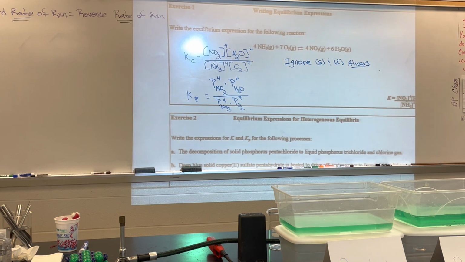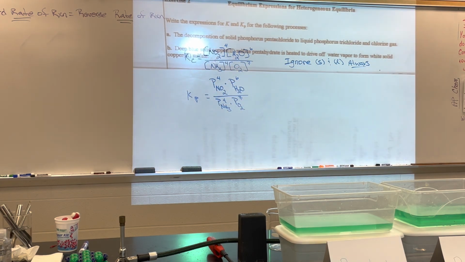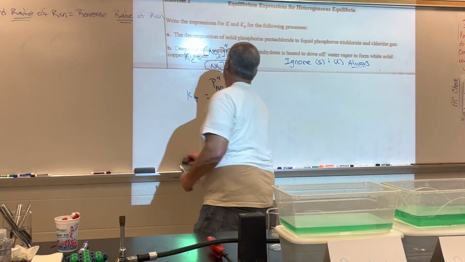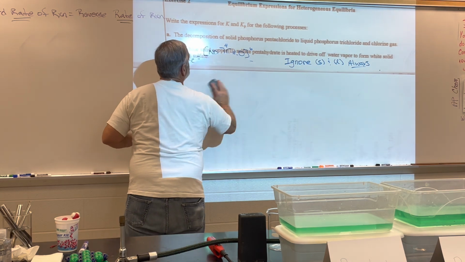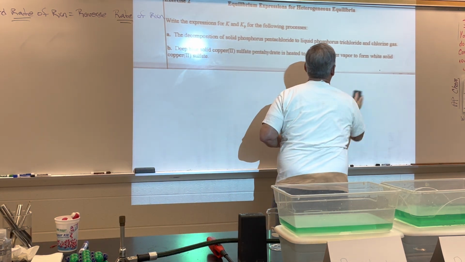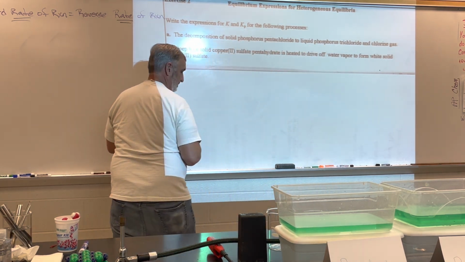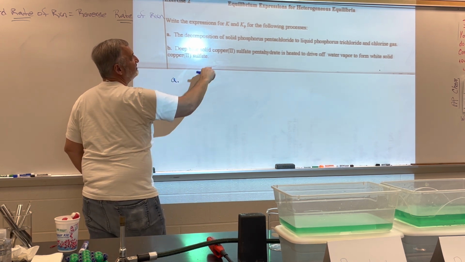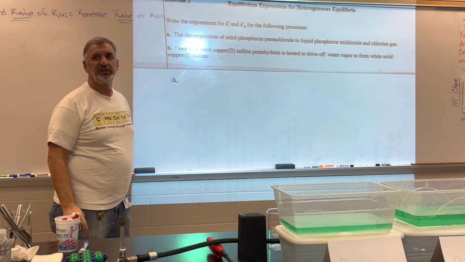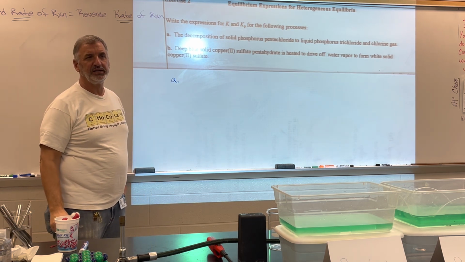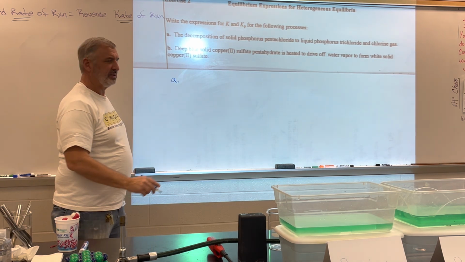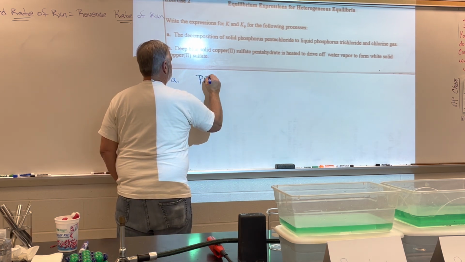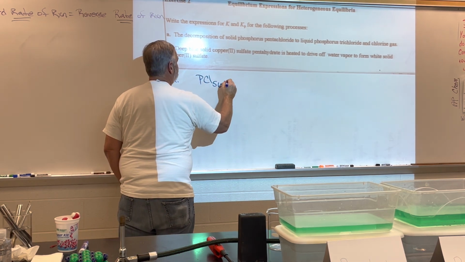So if I go down now and do these next two, I'm not worried about you being able to write out the equation. Solid phosphorus pentachloride. What would the formula of phosphorus pentachloride be? PCl5, and it's a solid.